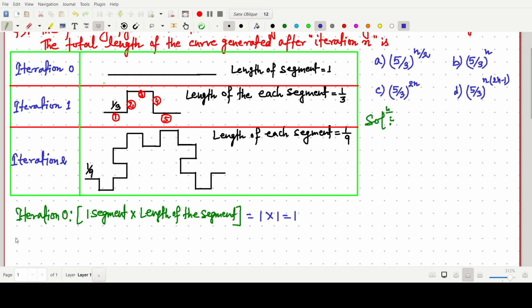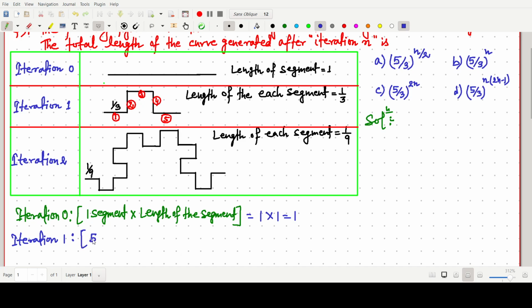Now for iteration 1, how many segments? There are five segments, one, two, three, four, five.